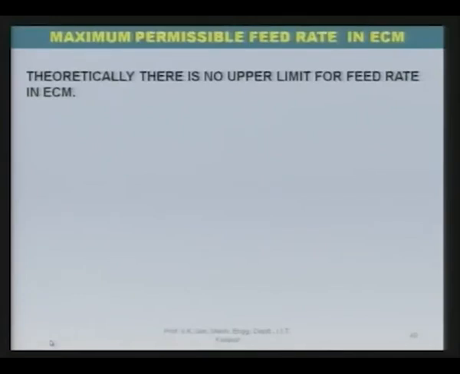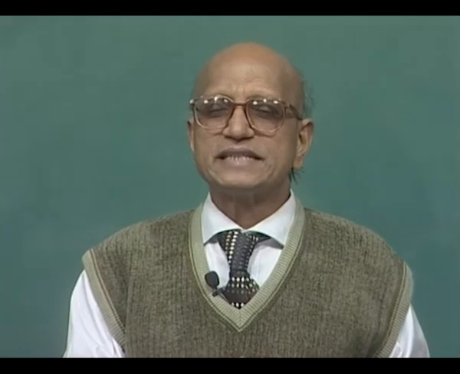Theoretically, there is no upper limit for feed rate in electrochemical machining, as we have seen in the self-regulating feature: as the inter-electrode gap keeps decreasing because of the higher feed rate, the linear material removal rate keeps on increasing to maintain the equilibrium condition.